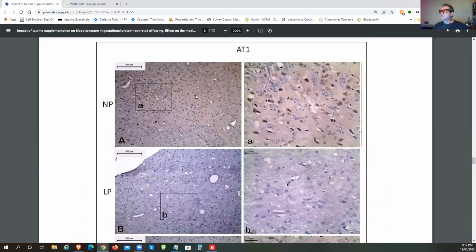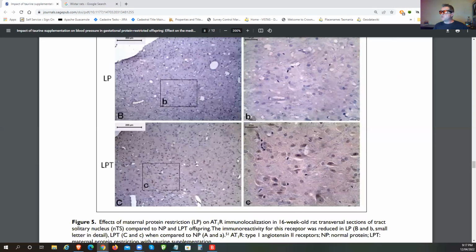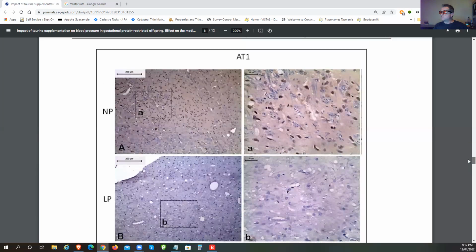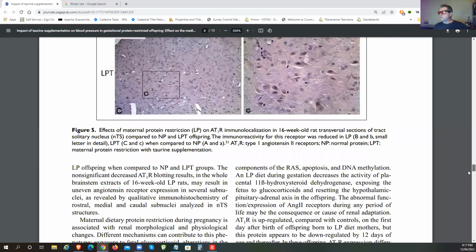So there's your control, zoomed in. As you can see, the protein restricted one does not look anything like the control. But look at that, the taurine one is pretty much the same as the control. You're getting a lot of improvement and reversal of the initial damage.